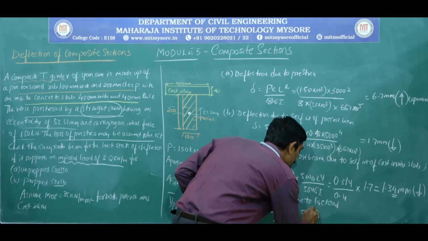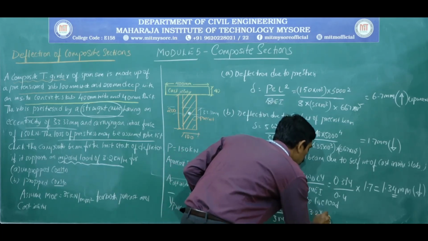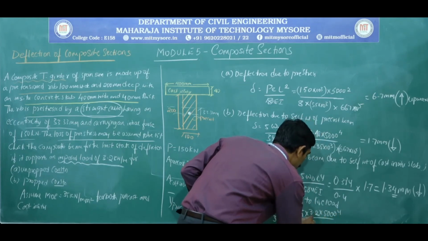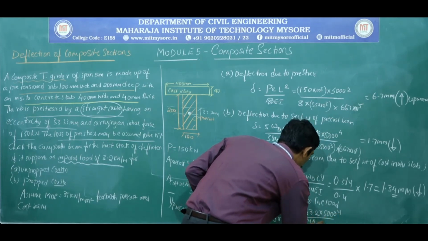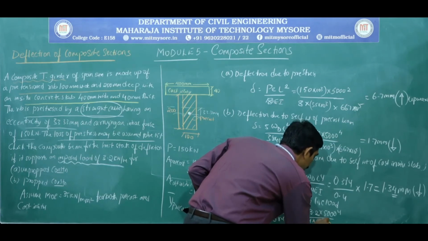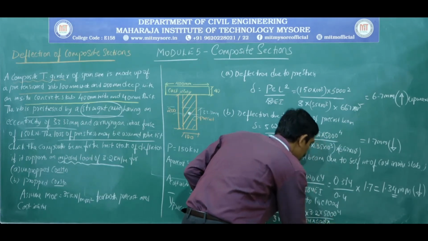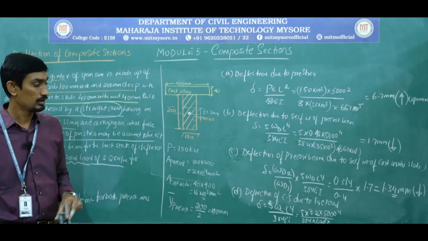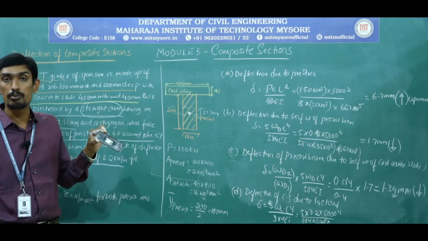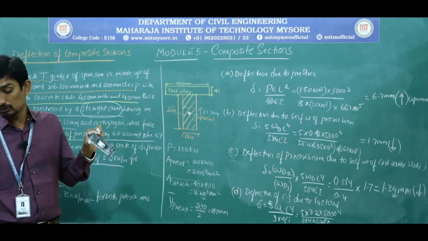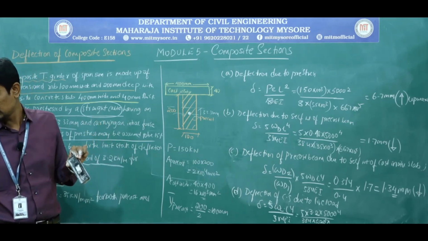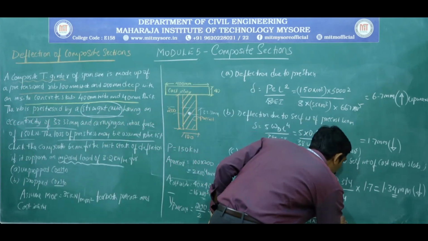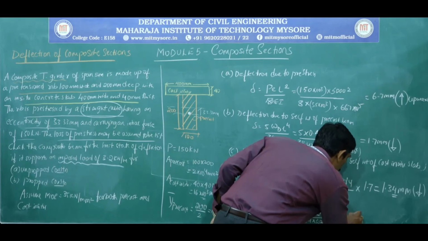That is 5 into 3.2 into 5000 to the power of 4 divided by 384 into E, 35 into 10 to the power of 3, into I. Since we are calculating for the composite section, you need to know the I of the composite section, which is 1948 into 10 to the power of 5.